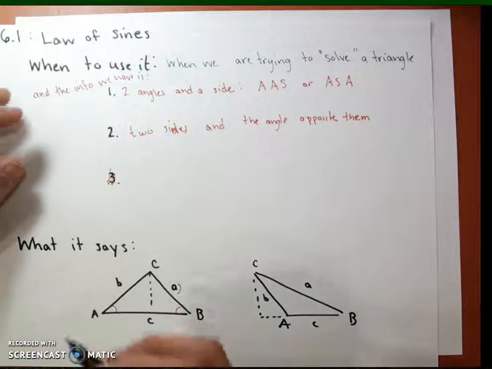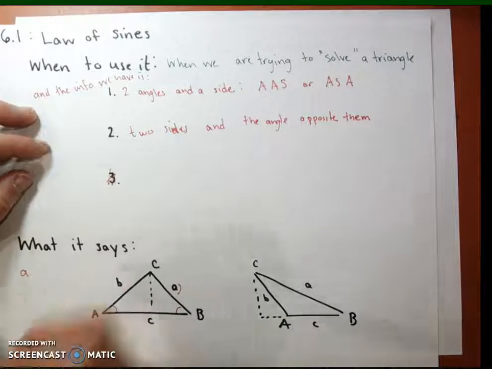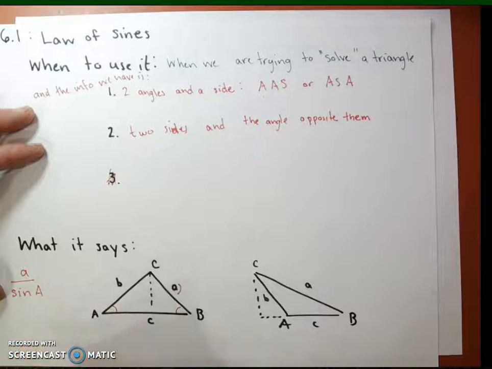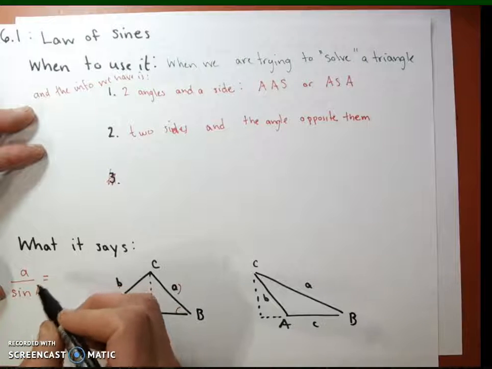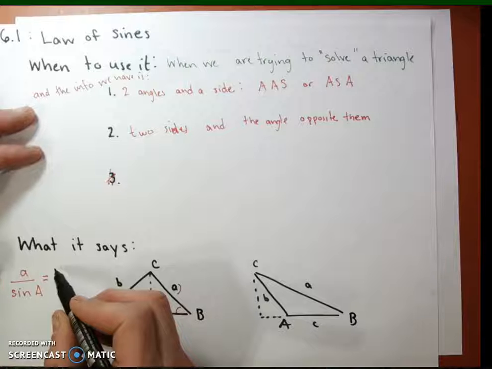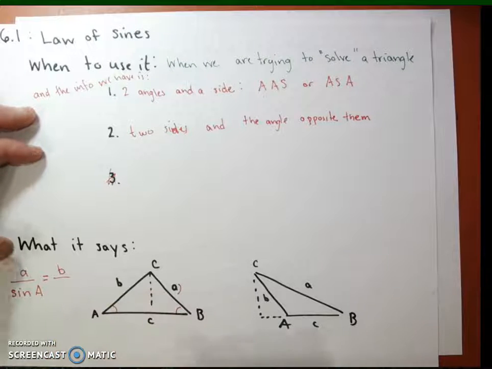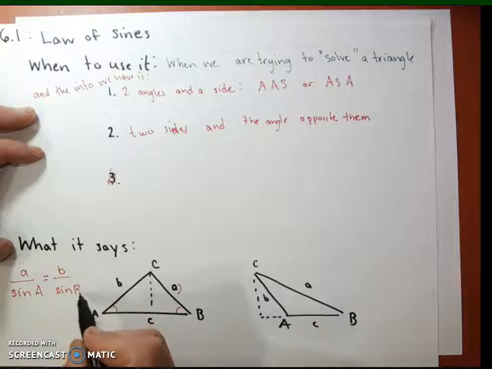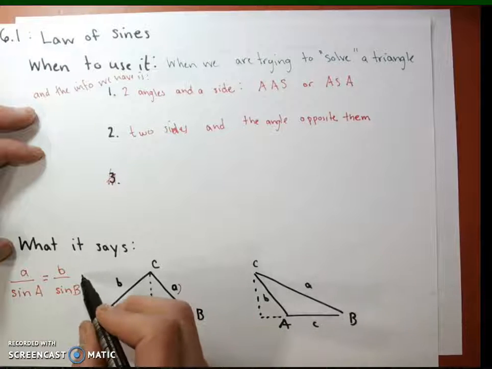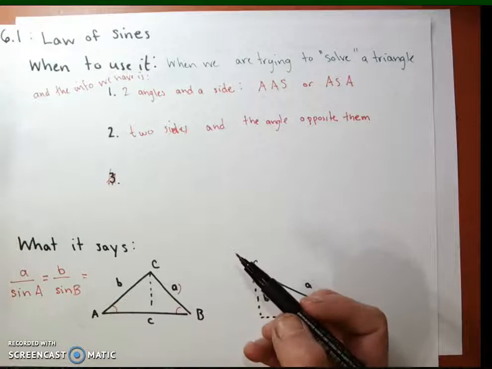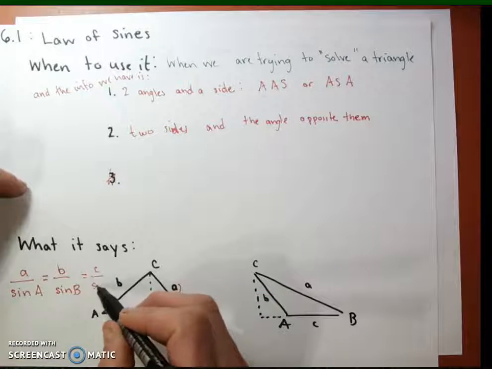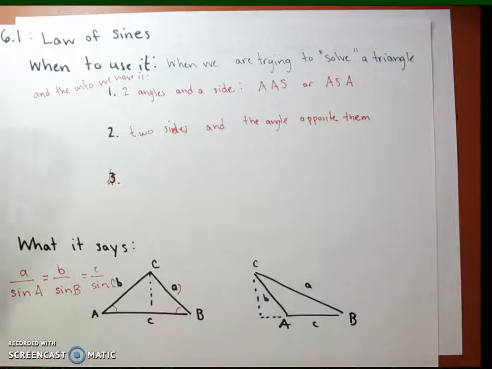So what does the law of sines say? It says that if you take the ratio of the side length a over the sine of angle A, that will be the same as the ratio of side length b over sine of angle B, which is also the same as, you guessed it, side length c over sine of angle big C. And that's true for either of these types of triangles.